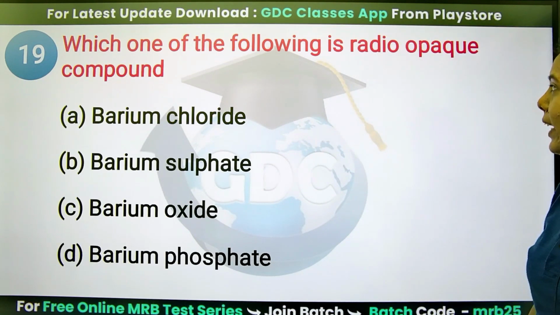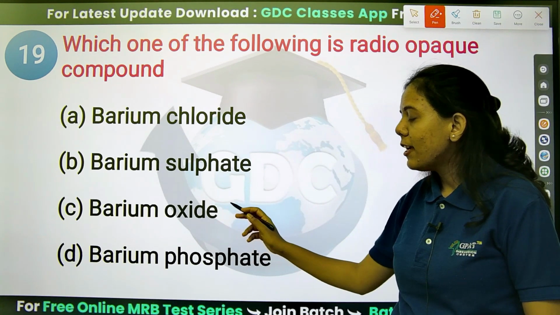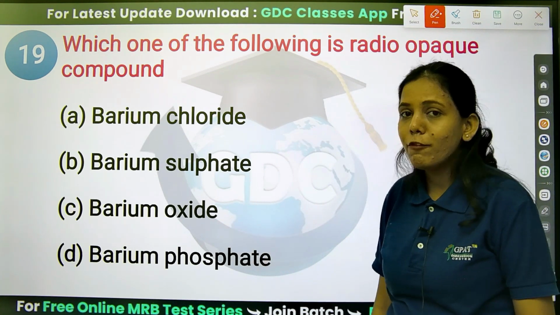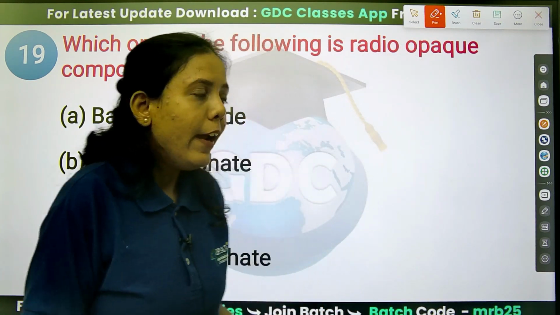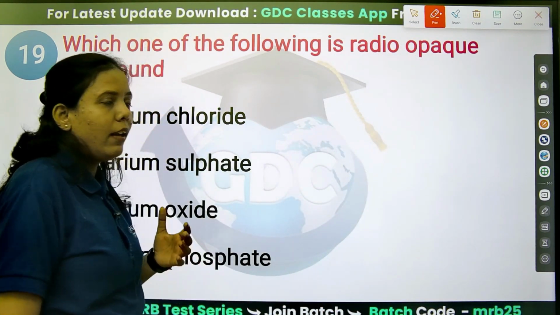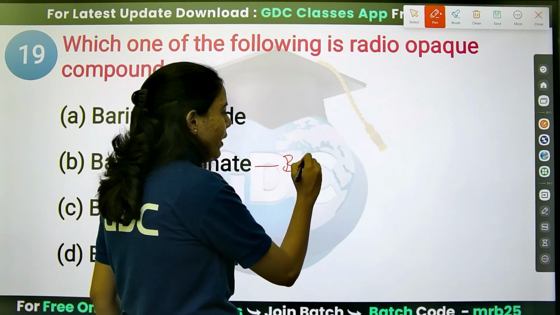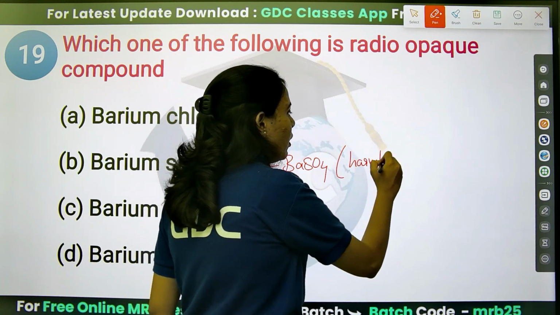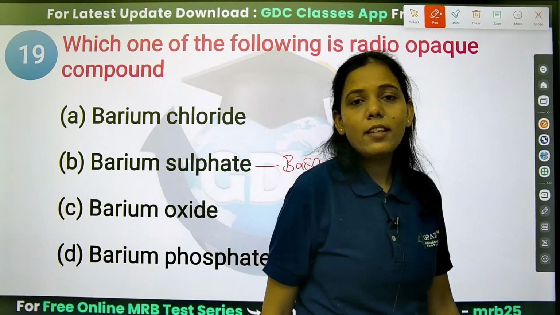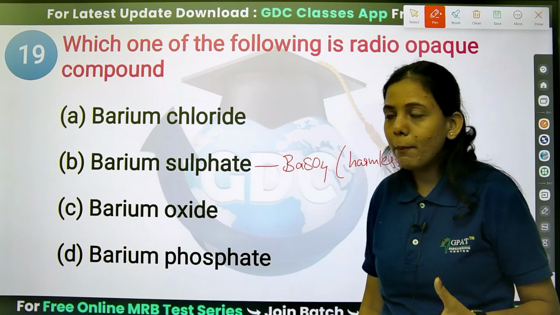Which of the following is a radio-opaque compound? Barium chloride, barium sulfate, barium oxide, or barium phosphate. When we talk about radio-opaque material, it should not be very harmful. So generally we are using barium sulfate. It is a harmless salt, and that is the reason mostly barium sulfate is used.